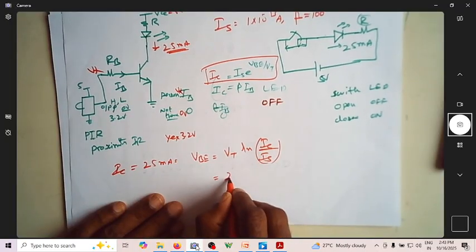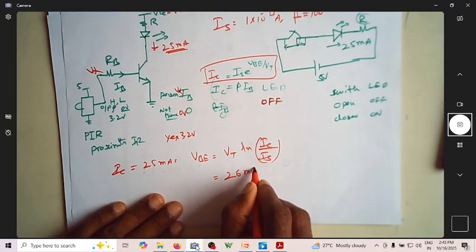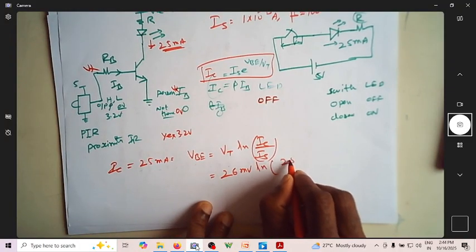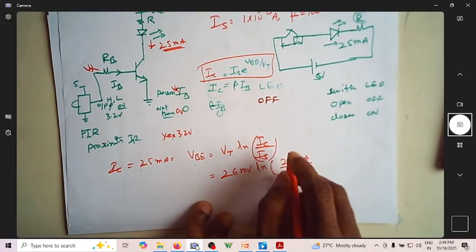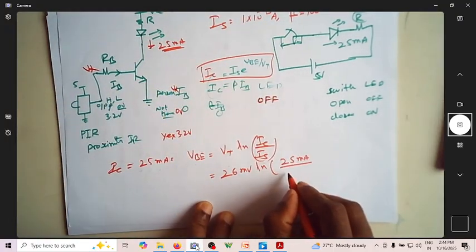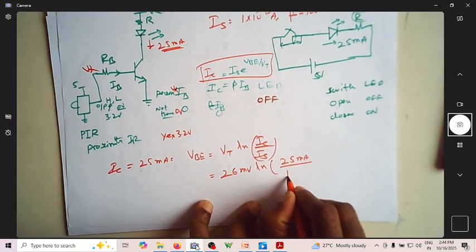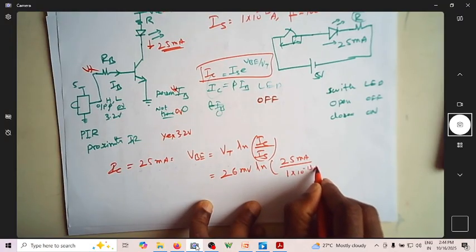Now I know that VT is 26 millivolt, which is the thermal voltage. ln of 25 milliamperes divided by 1 times 10 power minus 13 amperes. This is just an example, so it may require certainly less current than that.